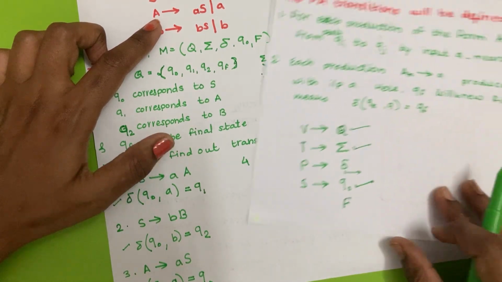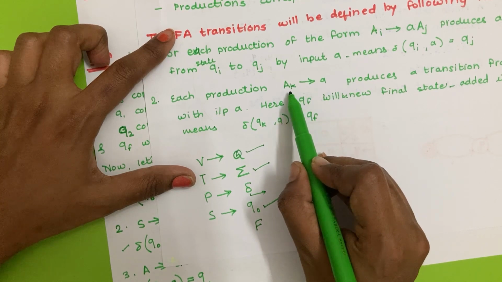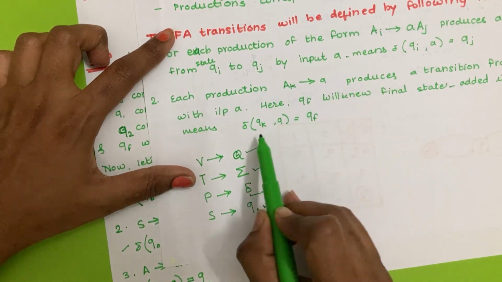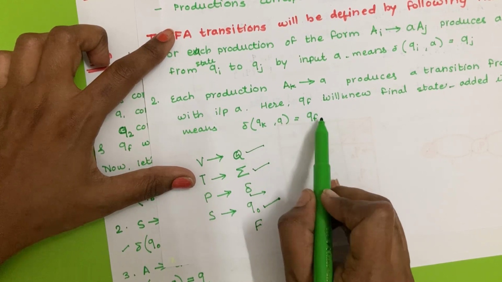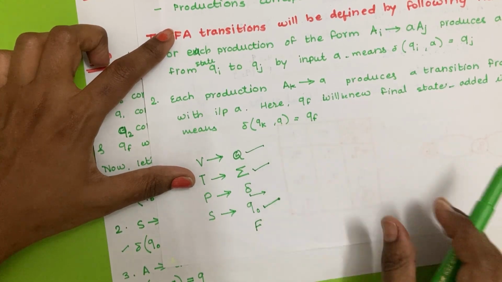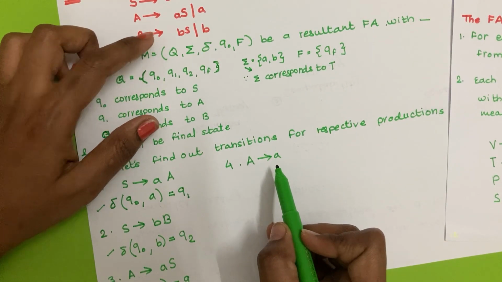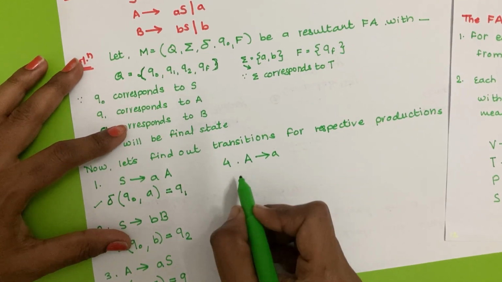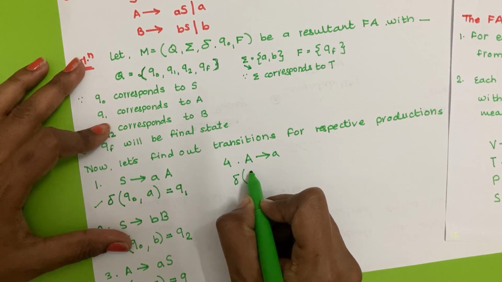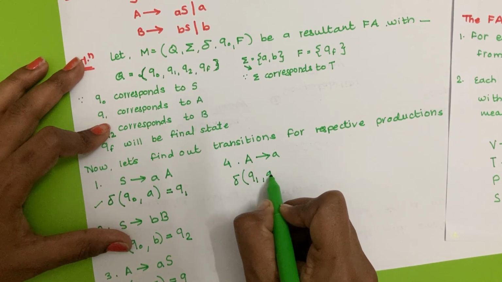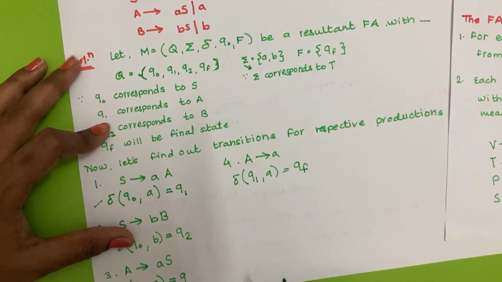This will follow the second rule, that is Ak → a. If we have a production of the form Ak → a, then that will be converted into δ(Qk, a) = QF. Here we have to take the explicit final state, that is QF. So that will be converted like δ(Q1, a) = QF, and QF is the final state.